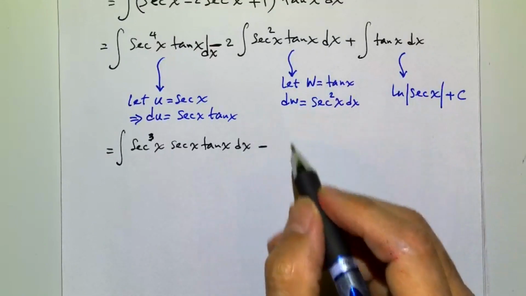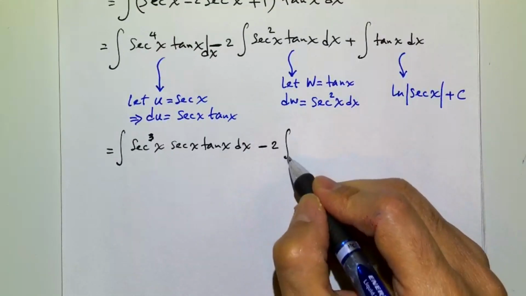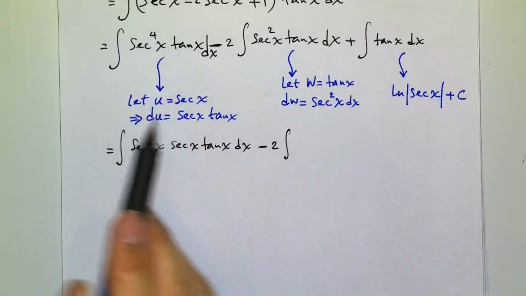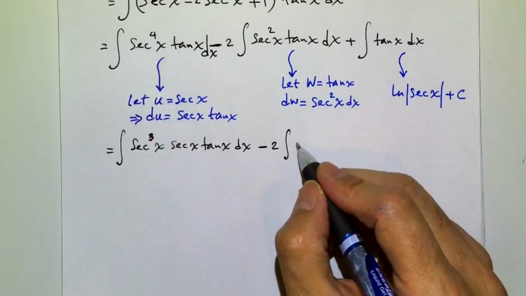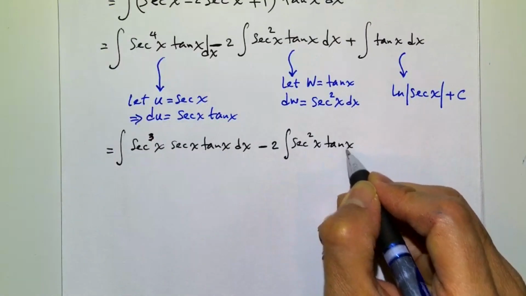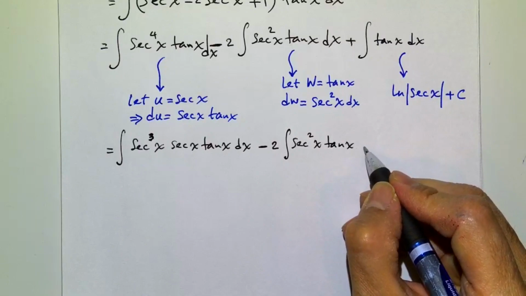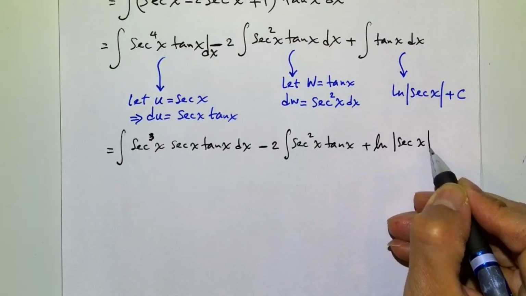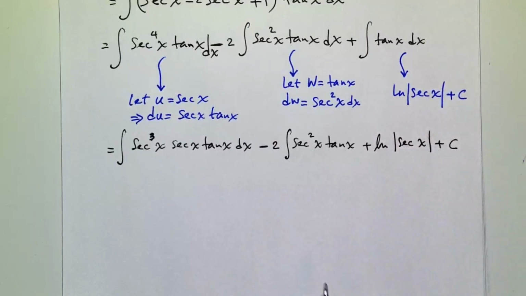So I'll just write minus 2. At the expense of rewriting this, I wanted to show you how the next step happens by breaking this apart, and then secant squared x tangent x, plus natural log of secant x plus c.